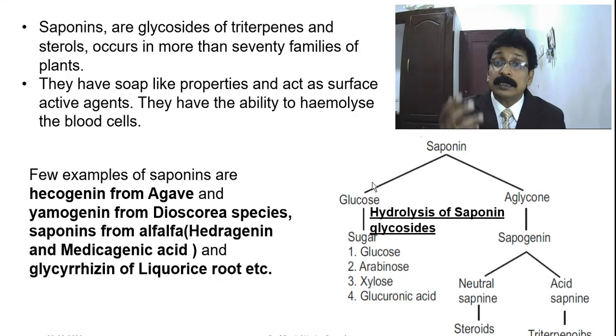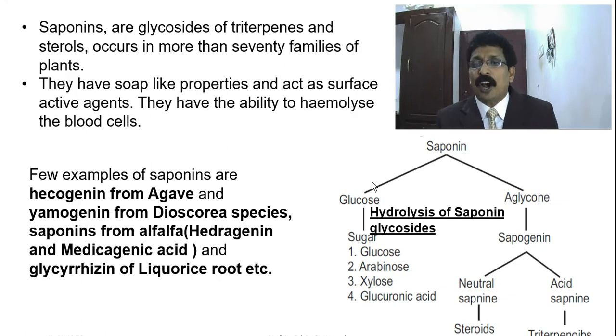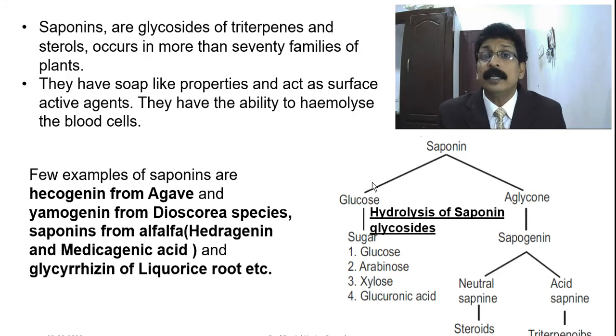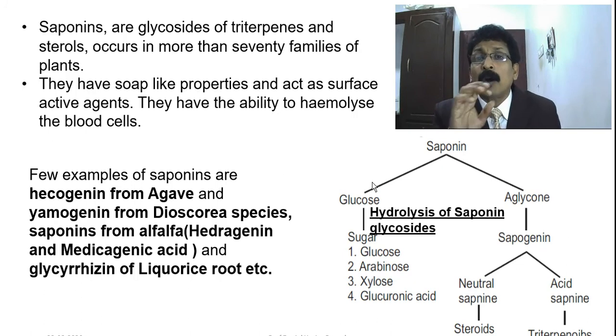Neutral saponin can give rise to steroids and acid saponin can give rise to triterpenoids.